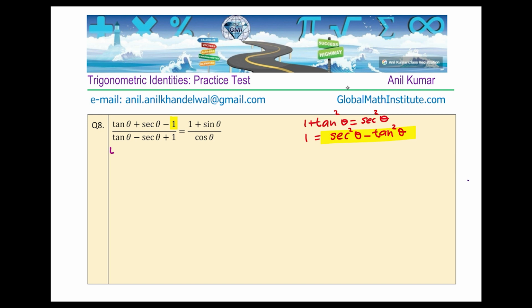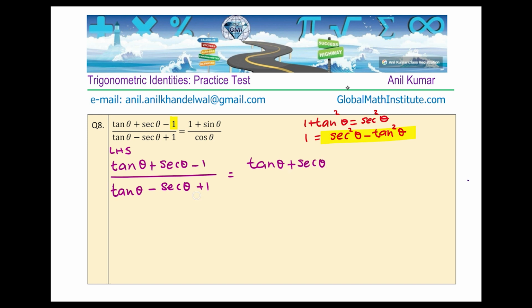So we'll begin with the left hand side, which is tan theta plus secant theta minus 1 over tan theta minus secant theta plus 1. In this case, I am going to write the numerator minus 1 as explained. So we have tan theta plus secant theta.